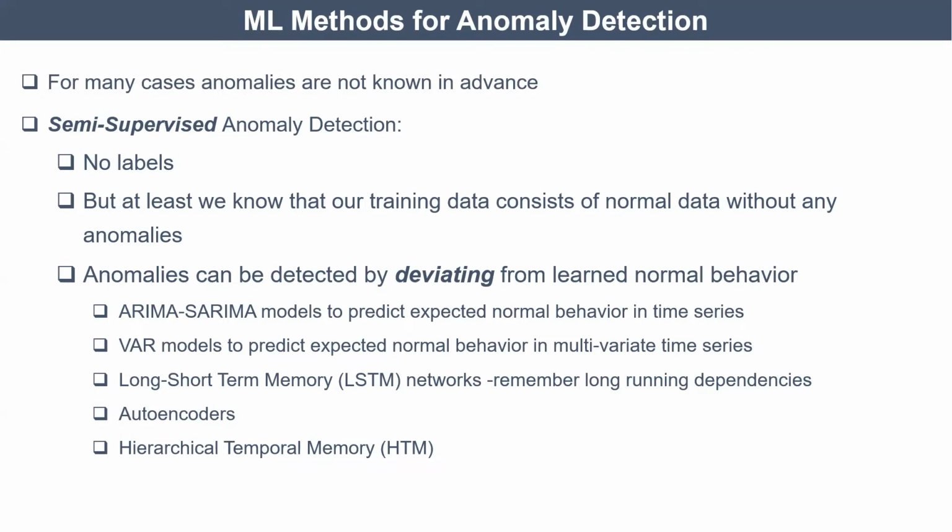I'm sure there are many more methods, but the ones I used, not all of them, are LSTM, a deep learning method to remember long-running dependencies, especially in time series, LSTM autoencoders, ARIMA, SARIMA, and VAR models to predict expected normal behavior in time series.